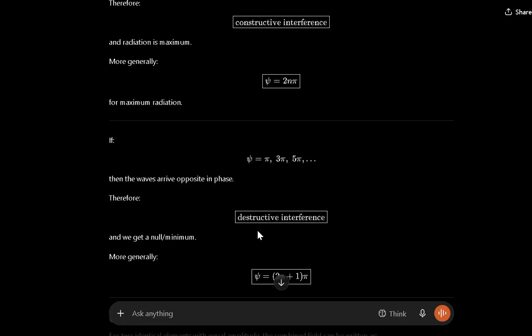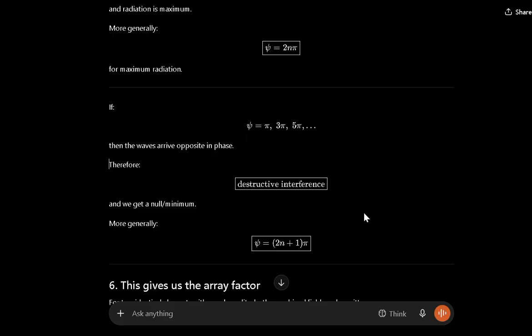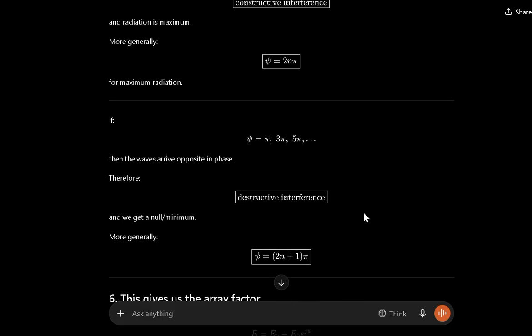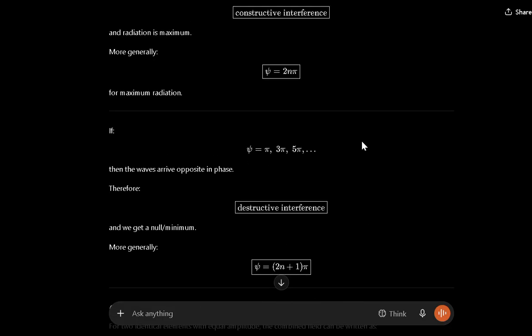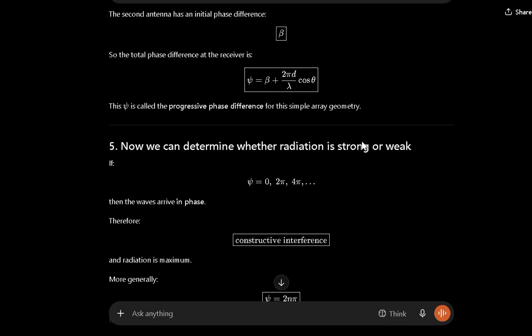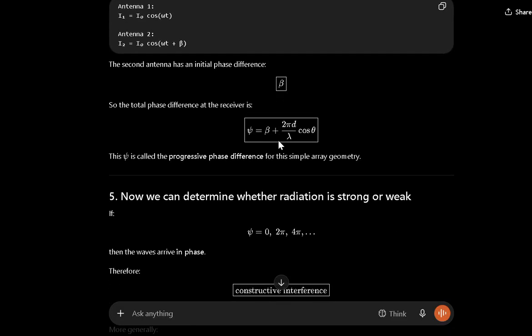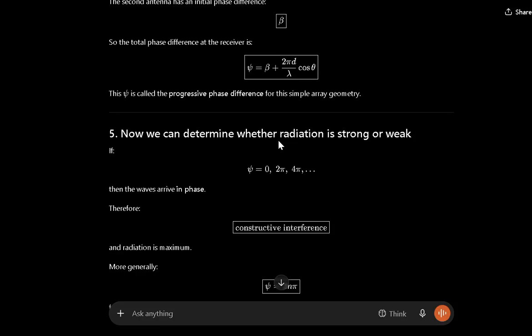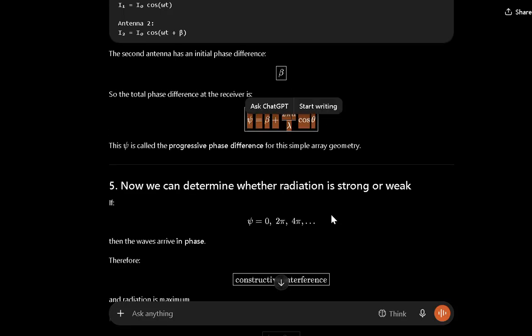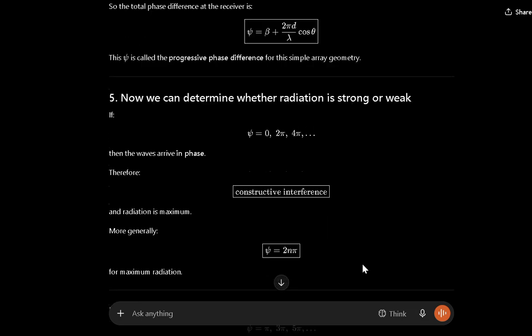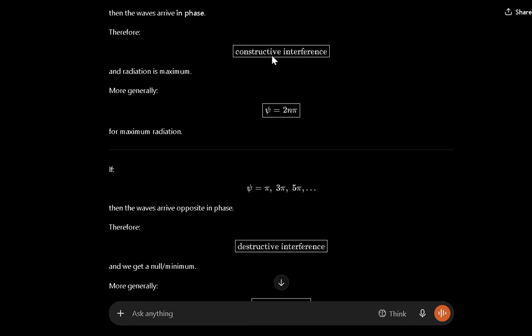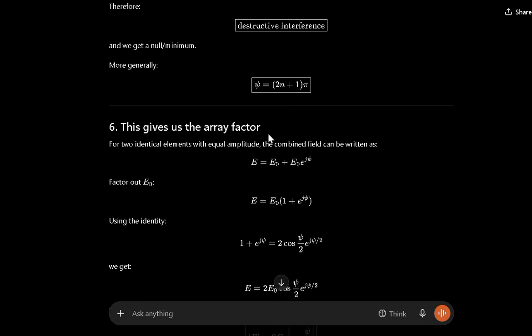So more generally, (2n plus 1) times pi is the result. So by calculating this, we will get this value. This is constructive interference.